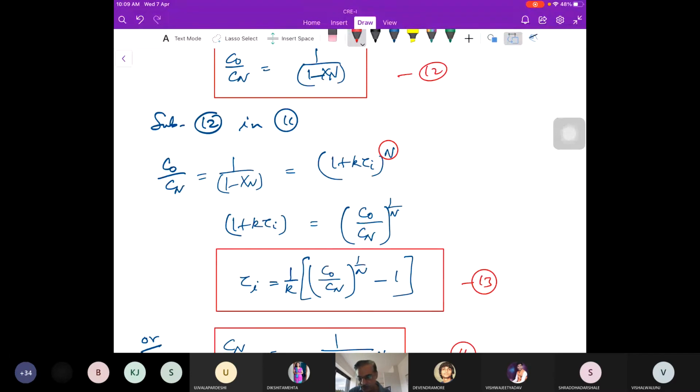So if you know the initial concentration C0 and the final concentration of the nth reactor and we know the number of reactors n, then you can find out the value of tau I for equal sized mixed flow reactors.